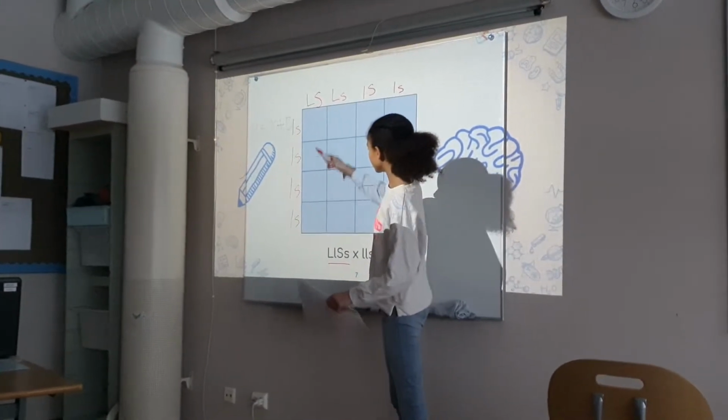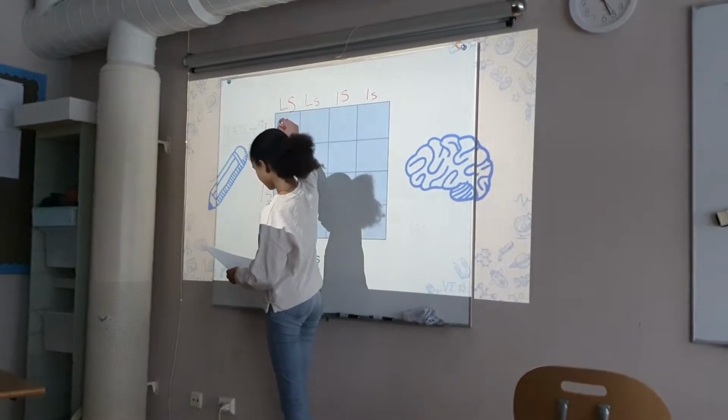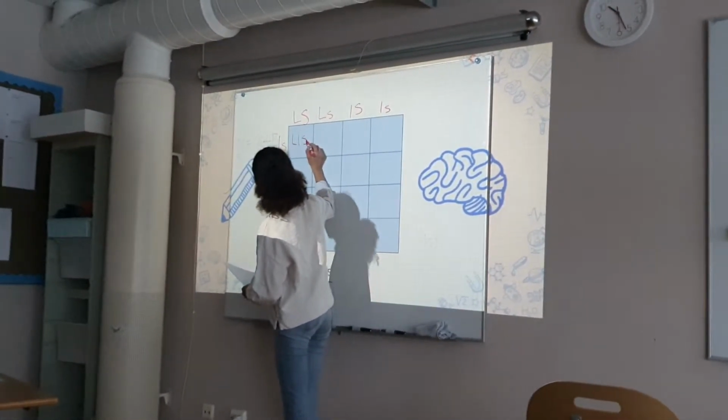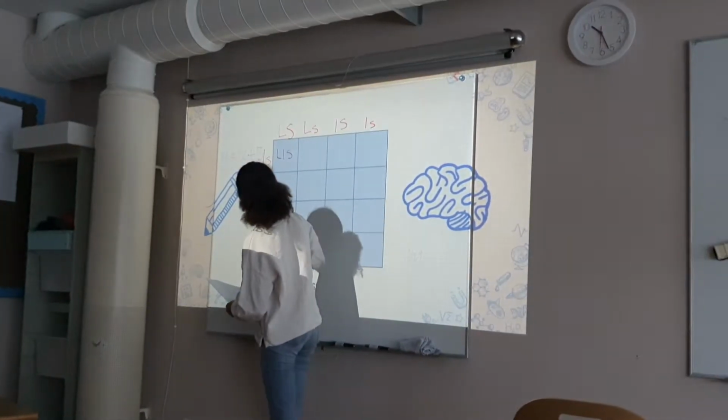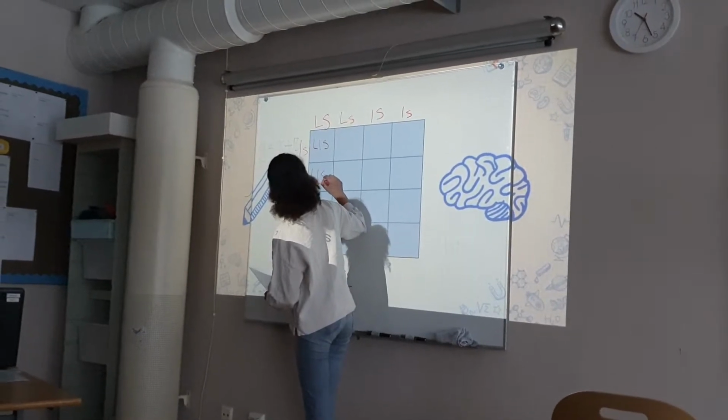So now we just need to get these traits. First, we're adding the L from here, and then the L from there. Then we're adding the S from there, and then the S from there. And then we're doing the same all the way down.